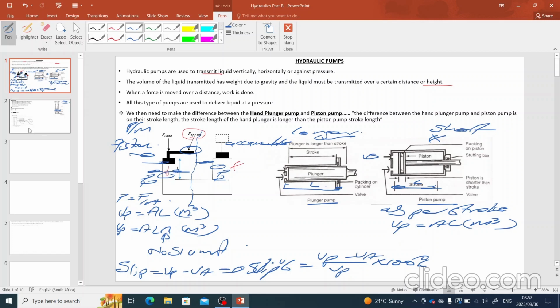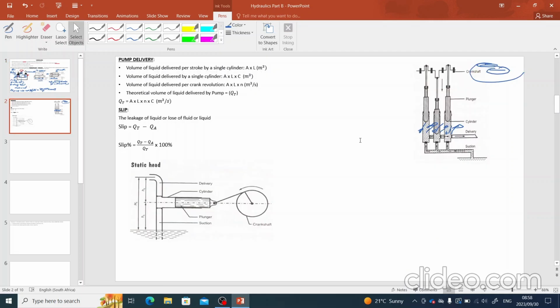Now, if they are saying calculate the volume on the piston as per the cylinder, meaning they then want you to consider the number of cylinders connected on your crankshaft. In this example of mine, I'm having 3 cylinders connected on the crankshaft.